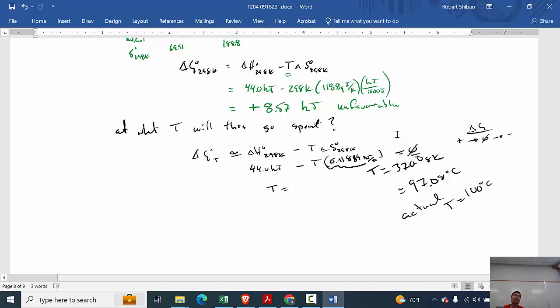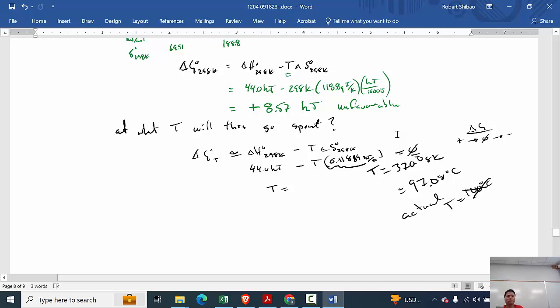Although this is in bar. What is the boiling point of water? I shouldn't do this. This is in atmospheres. What's the boiling point of water in bar? Do you know? Do you guys remember the Clausius-Clapeyron equation? A little bit?